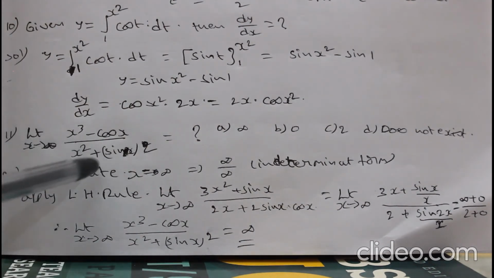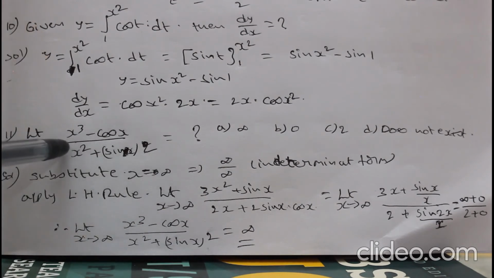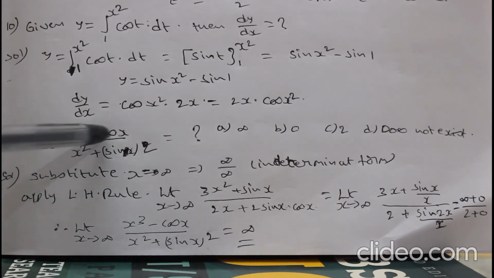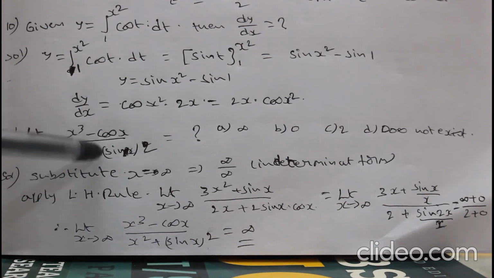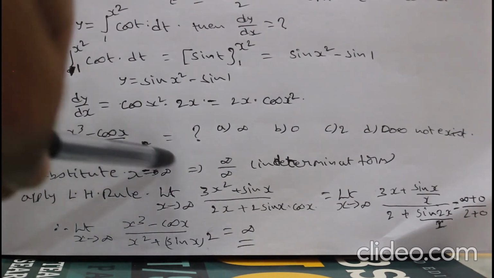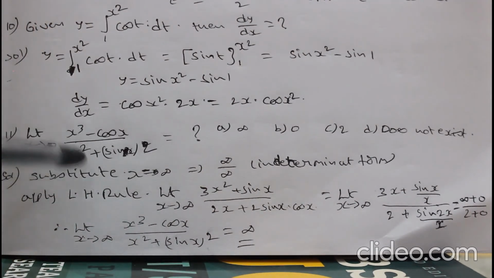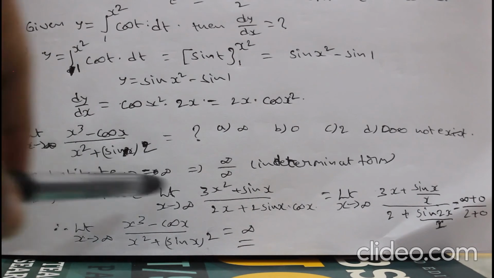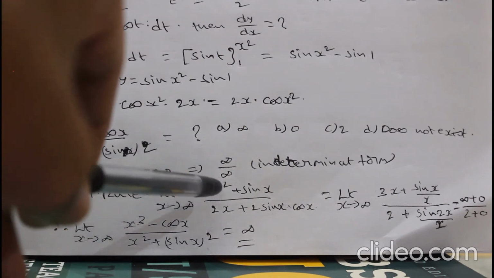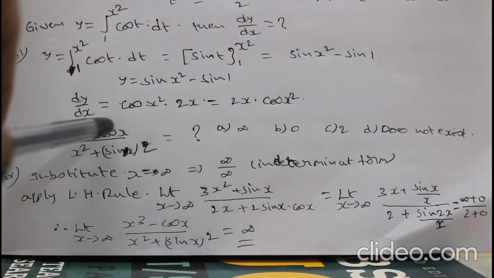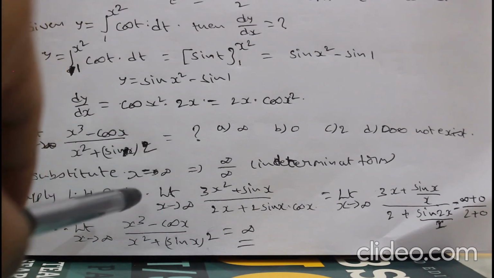Substitute first x tends to infinity in the function. So infinity cube minus cos infinity by infinity square plus sin infinity. So we are getting infinity by infinity, that is an indeterminate form. So apply L'Hospital rule. Differentiate numerator and denominator. So that will be 3x square, and the derivative of cos x is minus sin x.